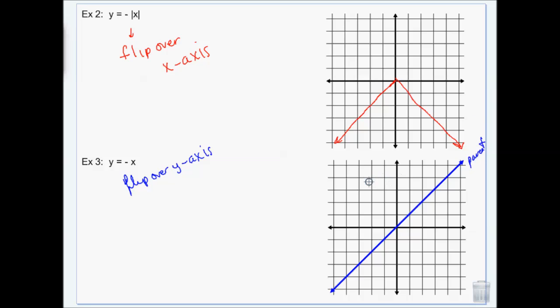When I flip it over the y-axis, it's going to do that. So you can see, if I took that picture and I flip it around, basically every positive becomes negative and every negative becomes a positive. So this is my y equals negative x. If I plug in 1 for x, I get negative 1 for y. And vice versa. If I plug in negative 1 for x, I get positive 1 for y. So it flips all of the negatives and positives, it changes them all.